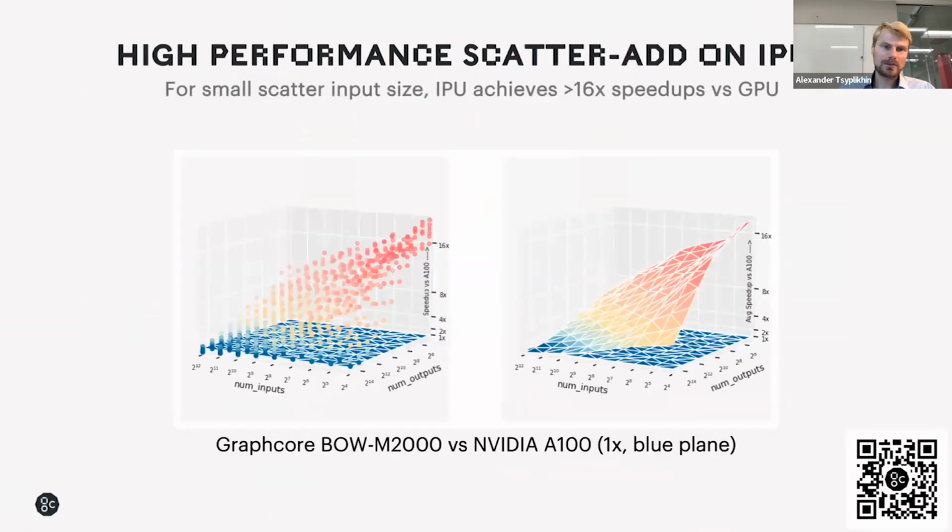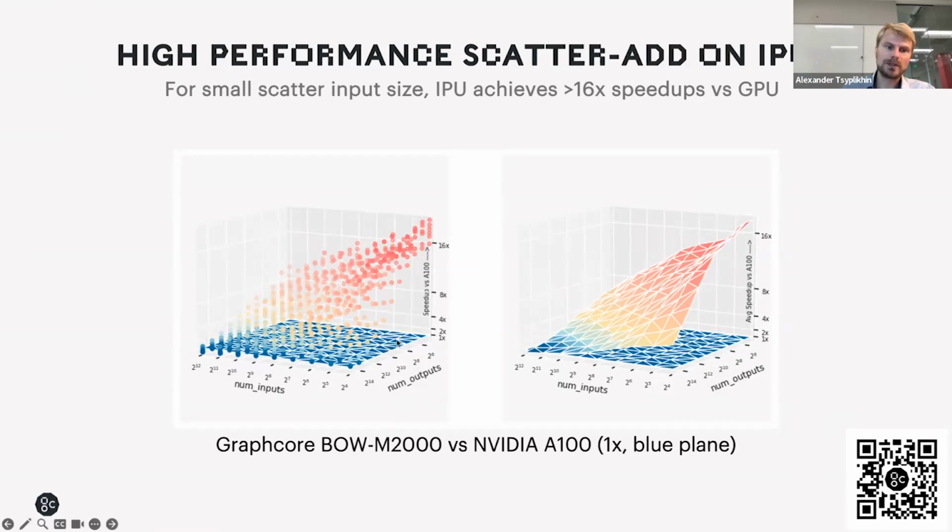In our experiments, we have benchmarked the scatter add operation and the gather operation on the IPU compared to the GPU, A100 in this case, for different sizes of inputs and outputs of the operation. We found that for very, very large sizes of inputs and outputs, the performance is on par.